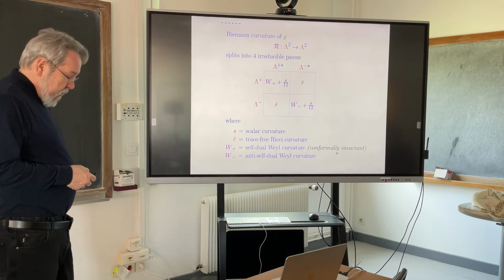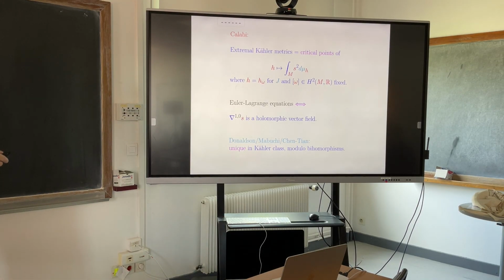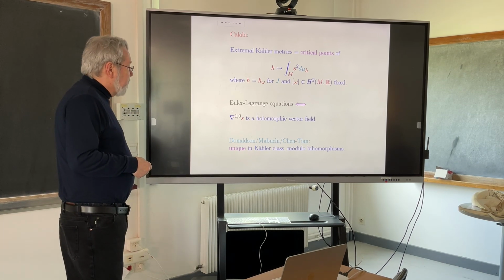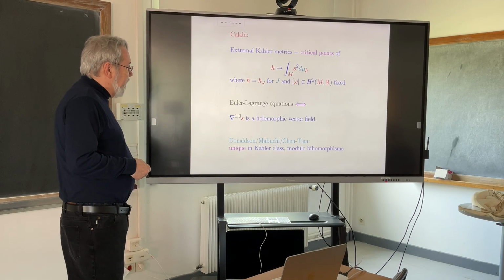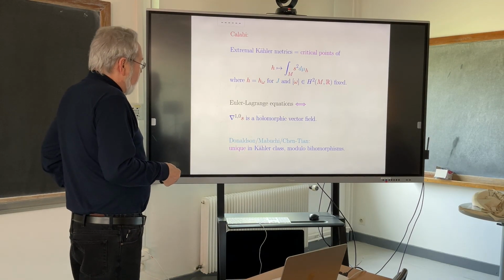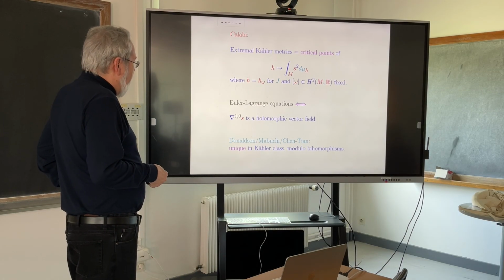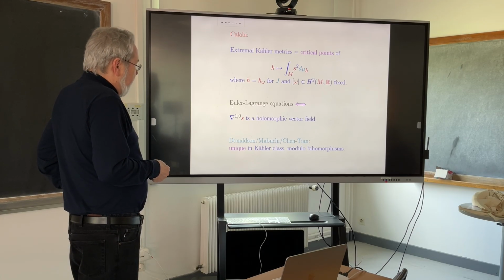What Calabi showed was that the Euler-Lagrange equations are equivalent to requiring that if you take the gradient of the scalar curvature S and then look at the corresponding (1,0) vector, you have to apply J to it: the gradient of S plus i times J of the gradient of S. There's a natural isomorphism between the (1,0) tangent space and the real tangent space gotten by taking the real part.